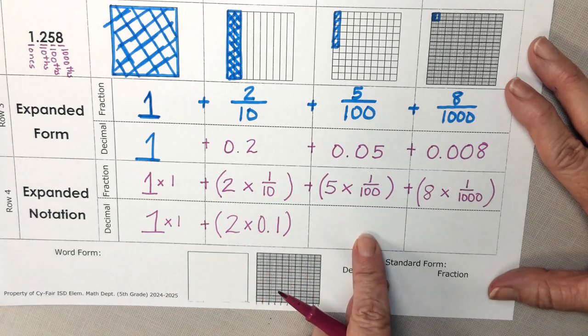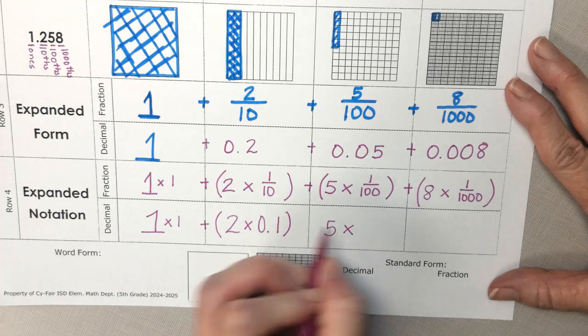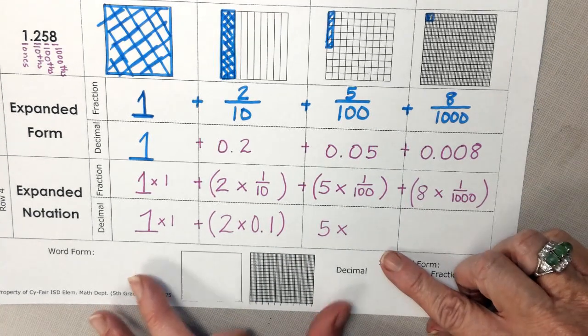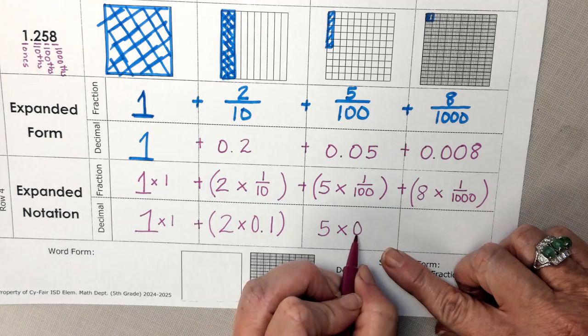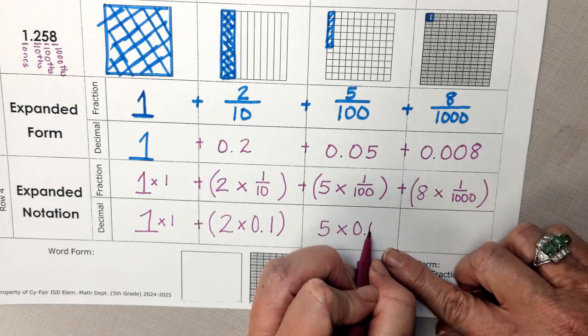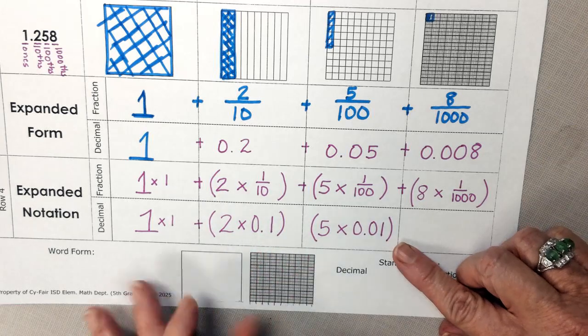We're going to go to our next one. We have the value 5. But our model is representing hundredths, so we would multiply that by the hundredths place. So we have 0 ones, 0 tenths, but this model is showing the hundredths place.